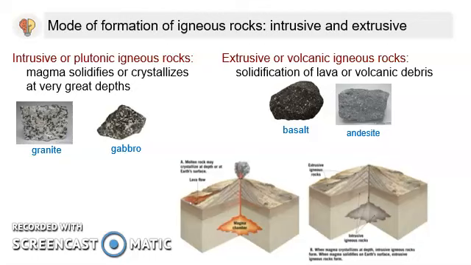Take note that the faster the cooling process is, the smaller the crystals produced. This photo shows the differences of intrusive and extrusive rocks. The magma crystallized underneath forms intrusive rocks, while the lava and other volcanic debris form extrusive rocks.